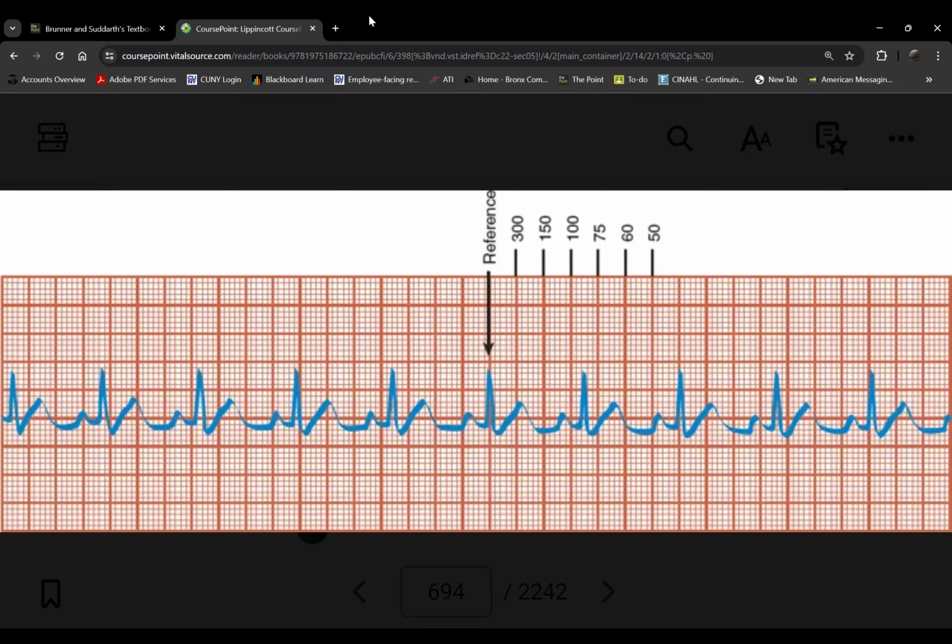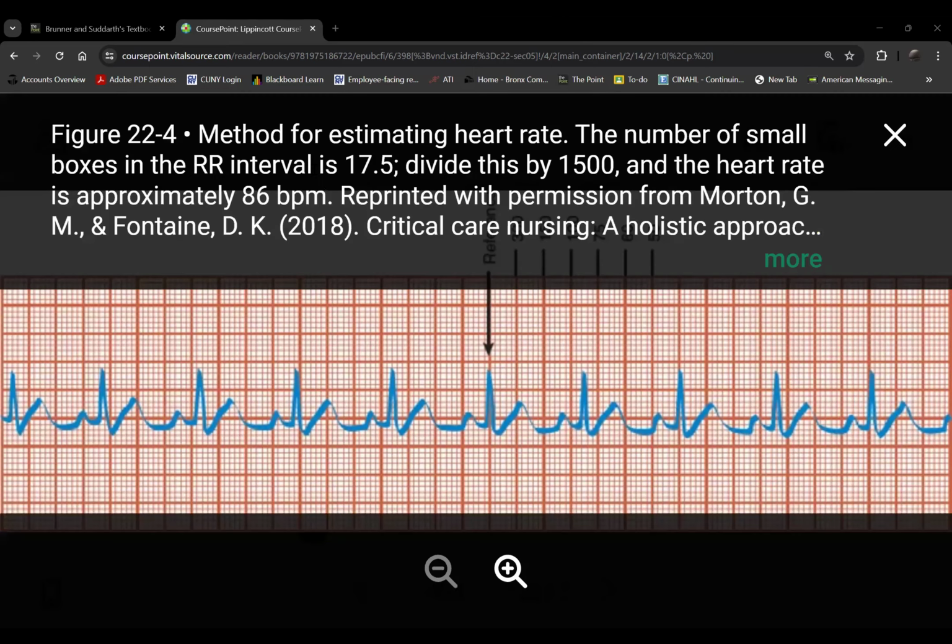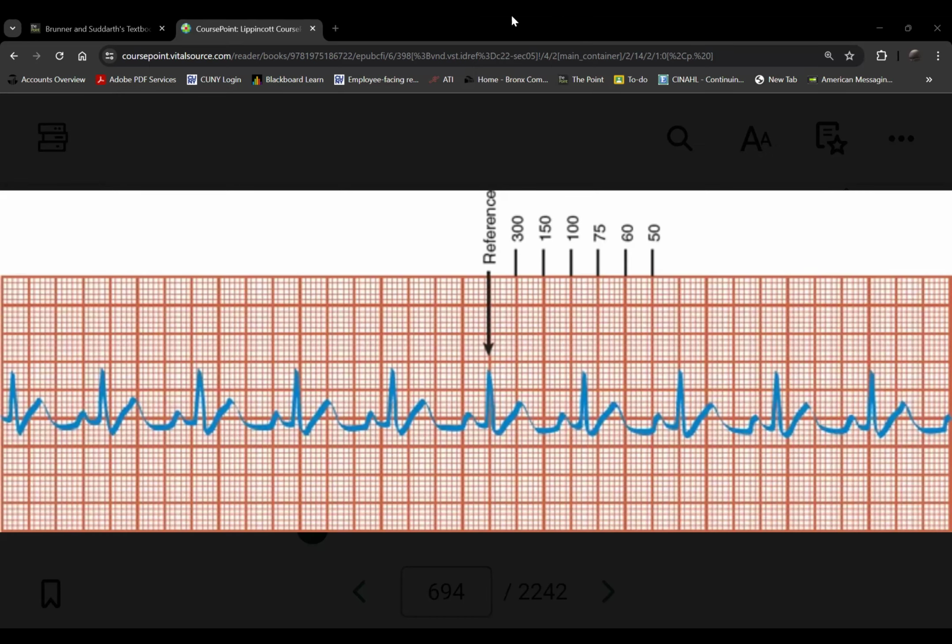Just count heartbeats. Next, let's use the small boxes and big boxes method. Which one do you want to do first, small or big boxes? Okay, let's do big boxes. Pick any 2 waves and we'll count the big boxes between those 2 waves. Do you want to do R's or P's?